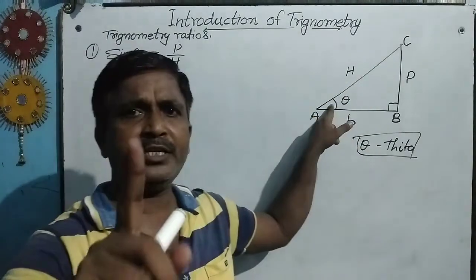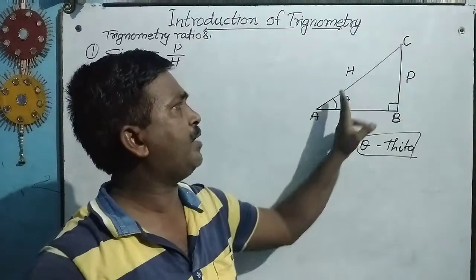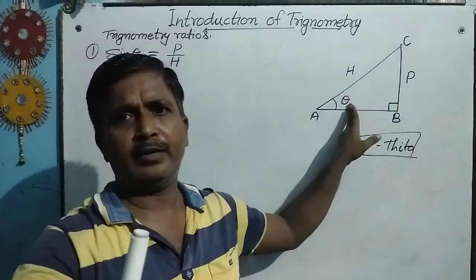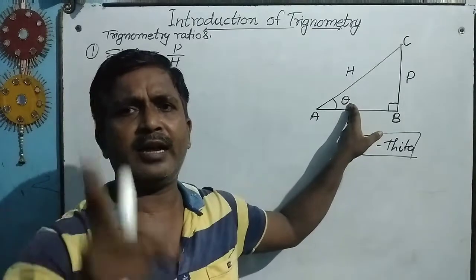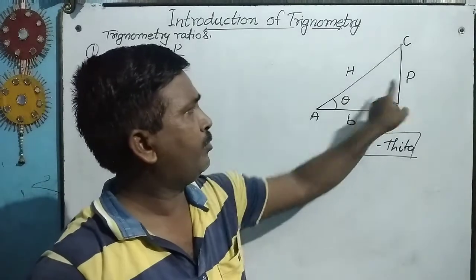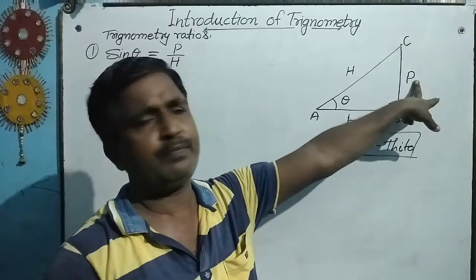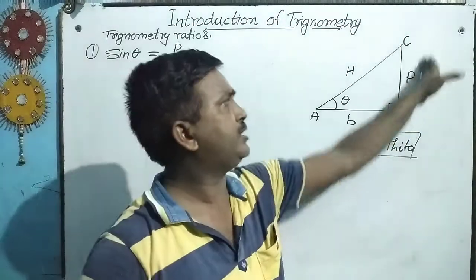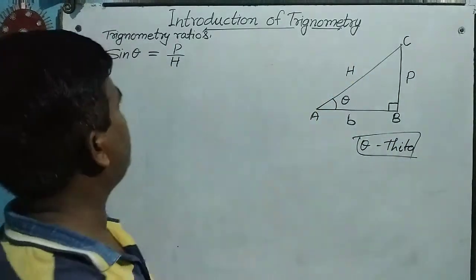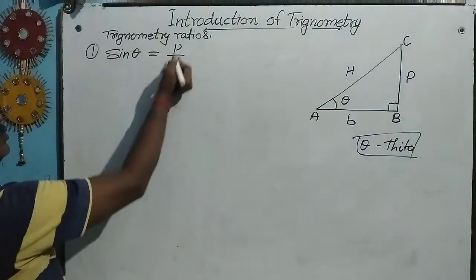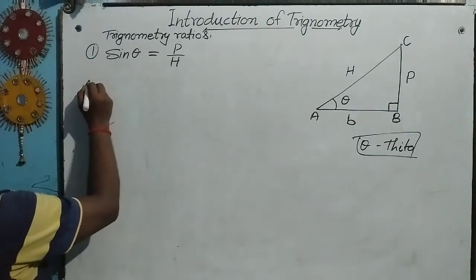The perpendicular is the side just in front of the angle for which the ratio is asked, and this is the hypotenuse, so sin theta is equal to perpendicular upon hypotenuse.